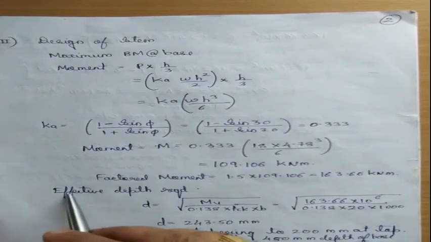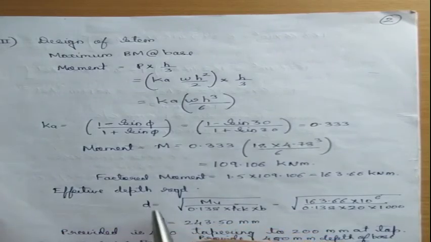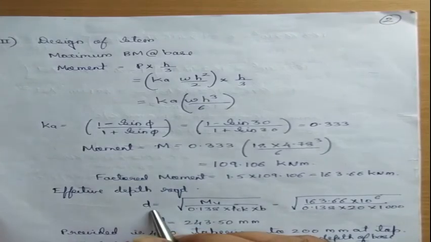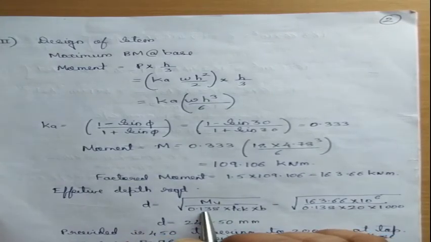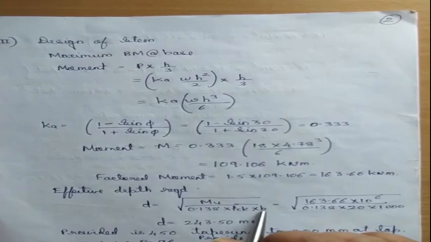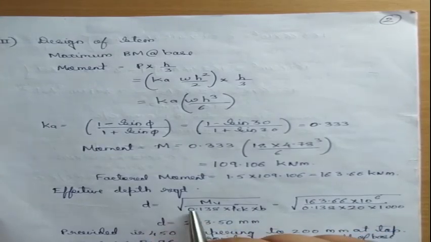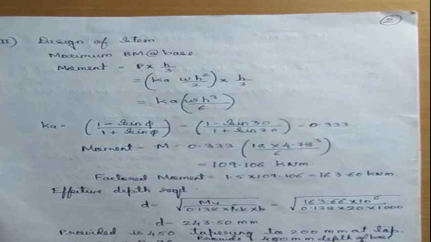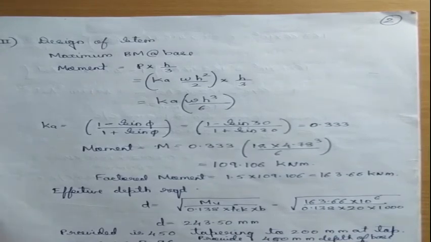So let us find out the effective depth requirement. As you have done in RC, the same has been done here. D is equal to root of Mu divided by 0.138 fck b. Here 0.138 fck depends upon the grade of the concrete, that is M20, and Fe 415 steel. You have done it in RCC already.